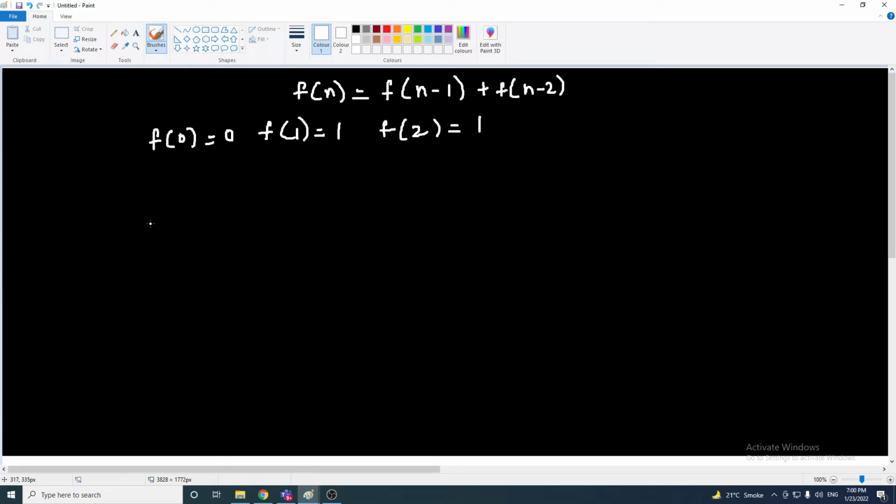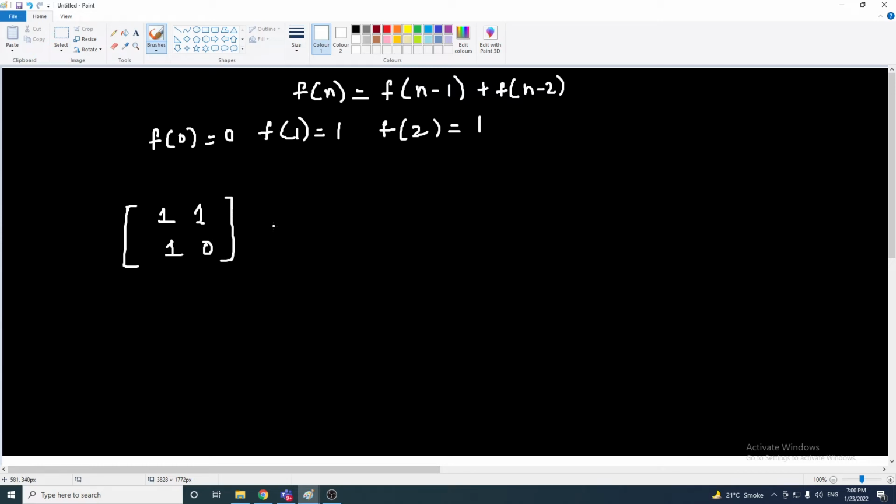With these set of terms, we are going to form the matrix that is going to help us find the nth term of the Fibonacci series. So the matrix that we are going to form is 1 1 1 0.